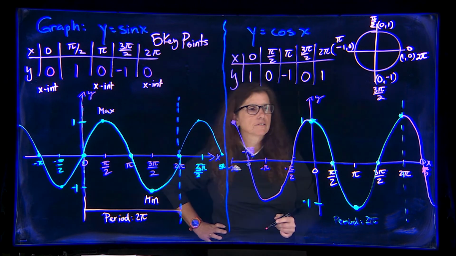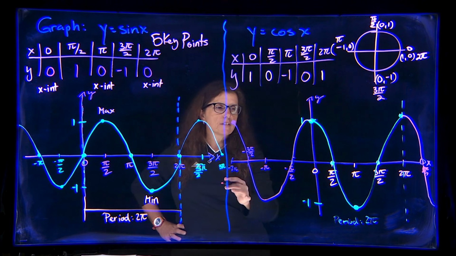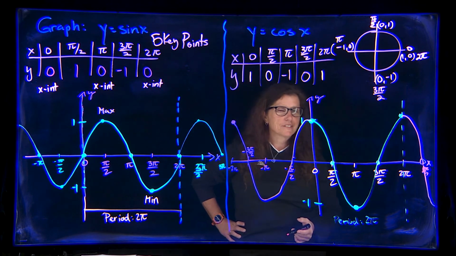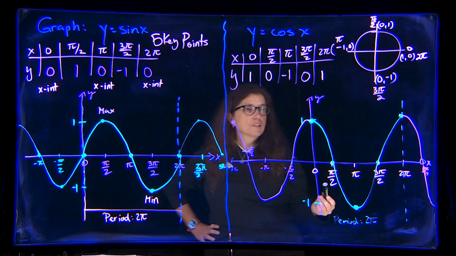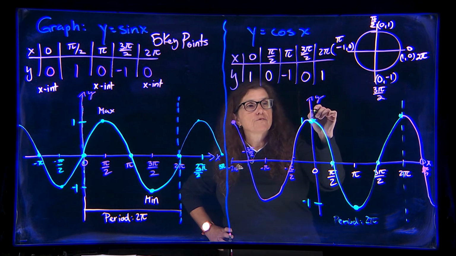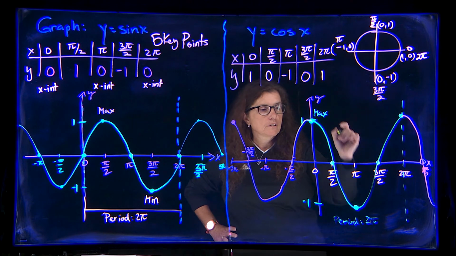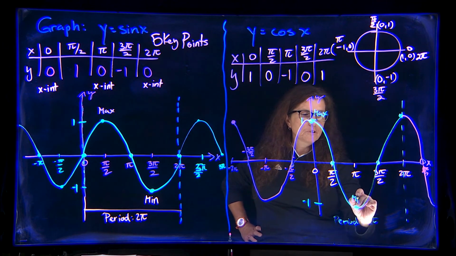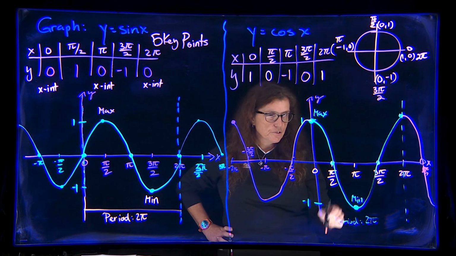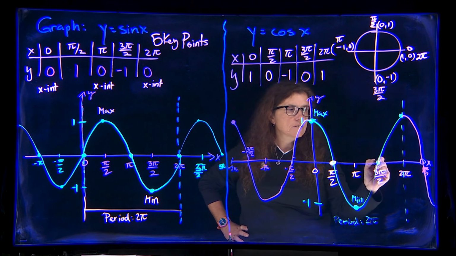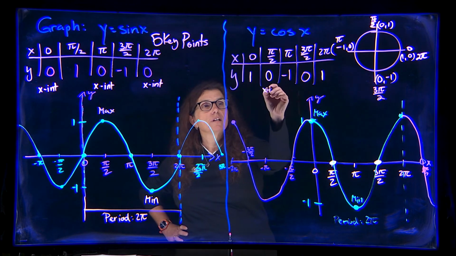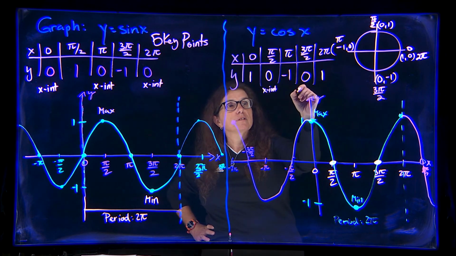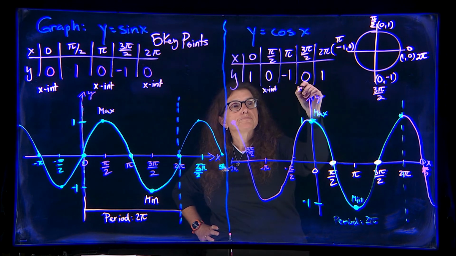Beautiful. Here you go. To the left is another full period of the cosine. Here we're starting off with the maximum, and here's our minimum, and of course you can see the x-intercepts are right here at pi over 2 and at 3 pi over 2.